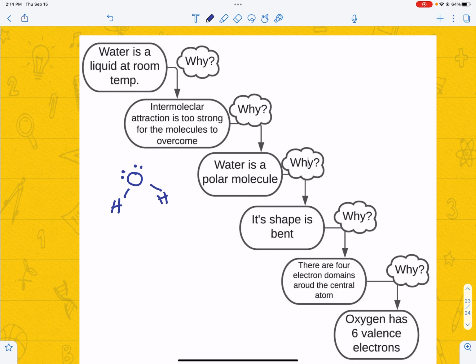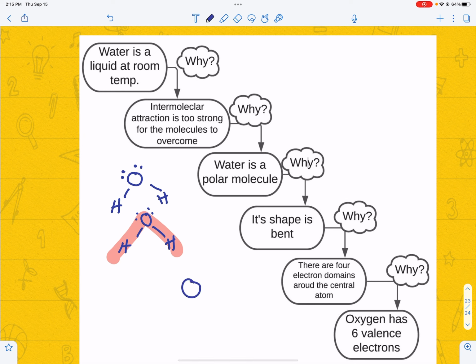At room temperature, the attractions between the molecules are so strong that the molecules stick together. Well, why do the molecules stick together? Because water's a polar molecule. Well, why is water a polar molecule? Because it's bent. The shape of that molecule is bent. Why is the shape of that molecule bent?